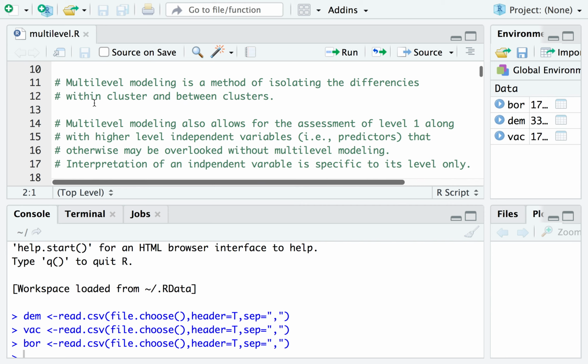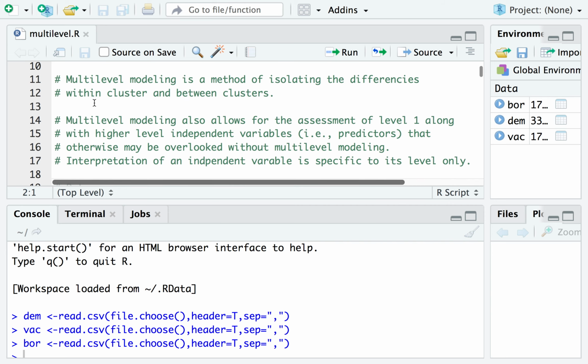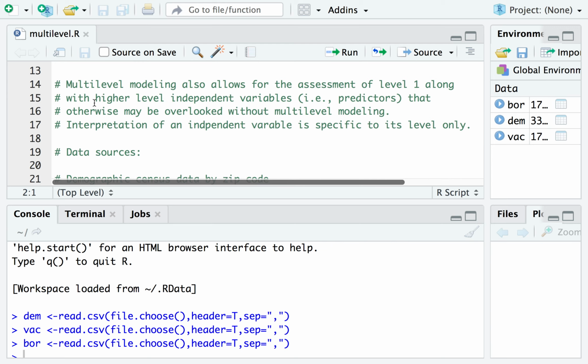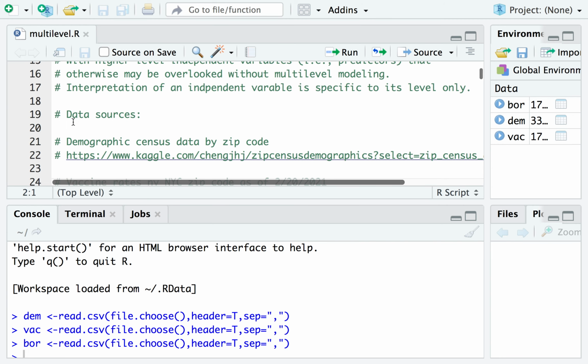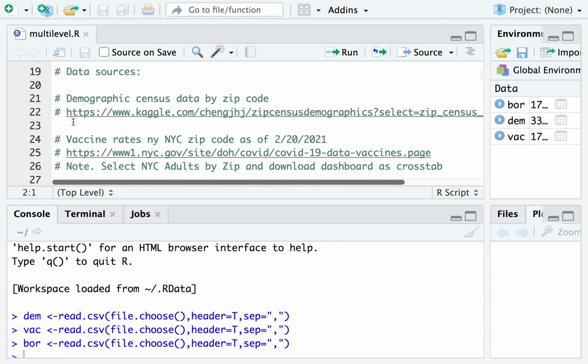Other benefits to doing multi-level modeling is that you can also incorporate level 2 predictors into your model. So it allows you an opportunity to see another layer of information. So let's go over the actual data set that I'll be using.